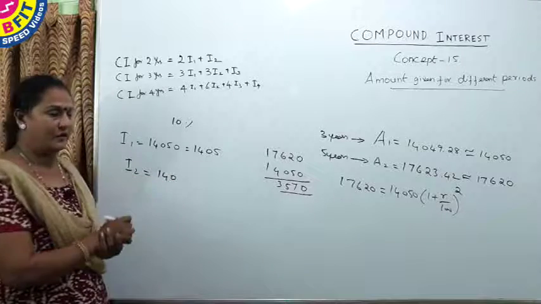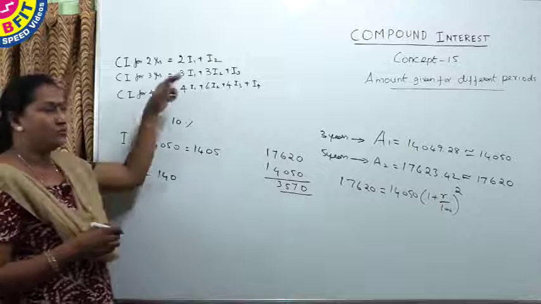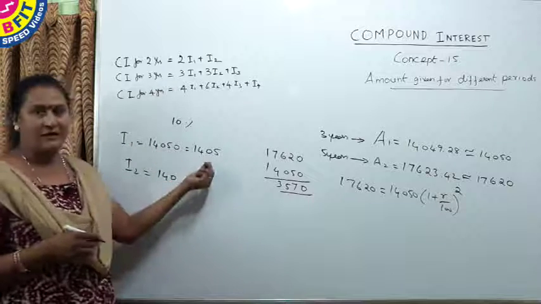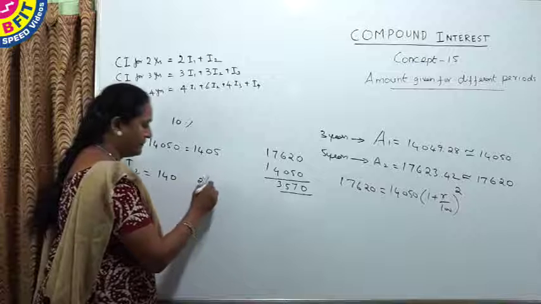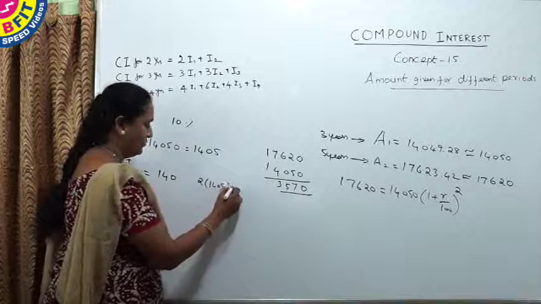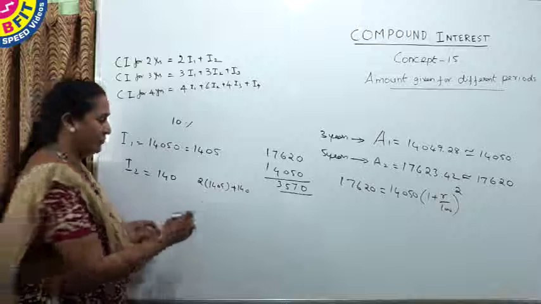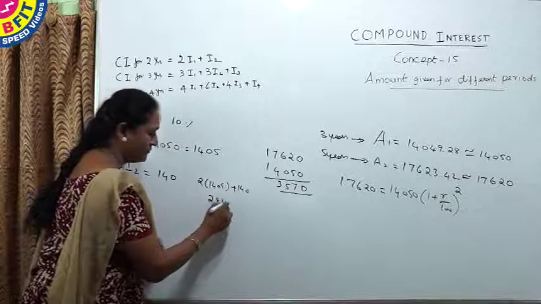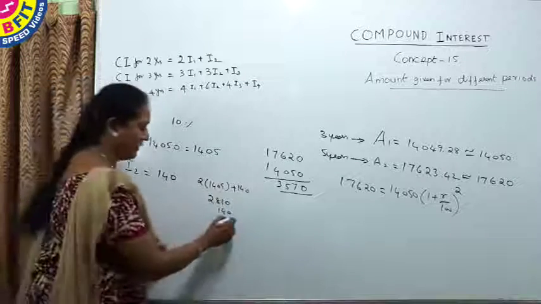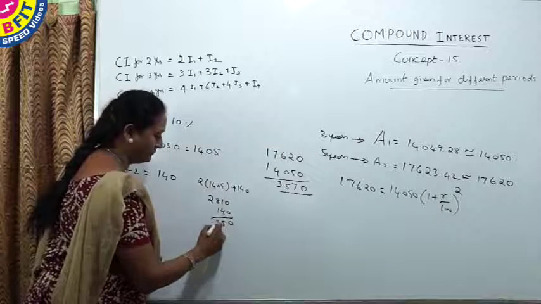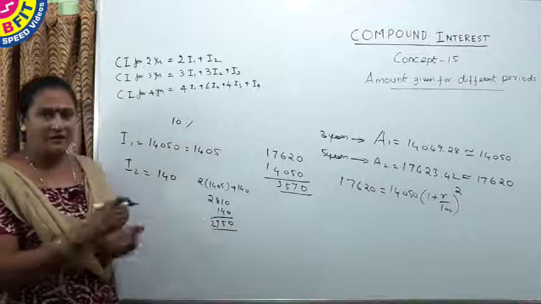It is 140. And now when we calculate CI for 2 years using 2I1 plus I2, we will double this and add this value. So multiplying this with 2, plus 140. What is 1405 into 2? 2810, and add 140. So the interest we get is 2,950.